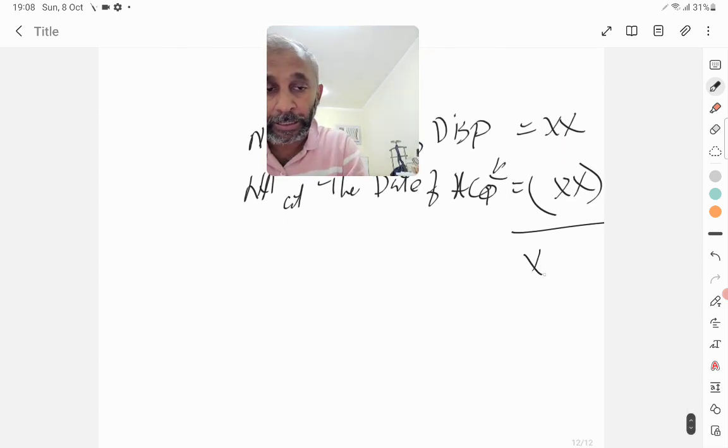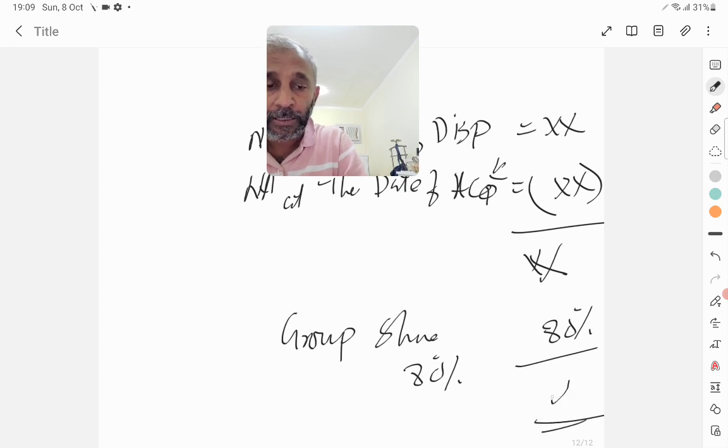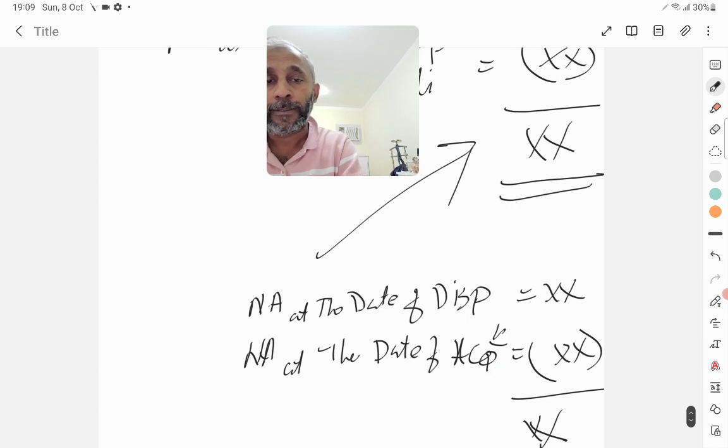Find out the difference, and take the group share. Suppose, for example, it is 80%, you multiply this by 80%. This resulting answer will be equal to the difference.